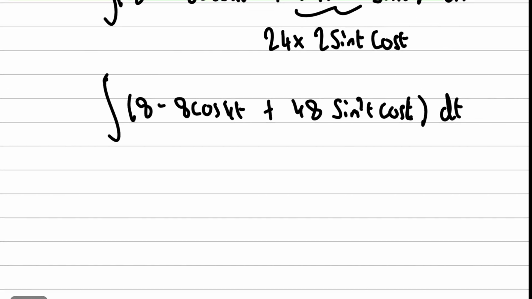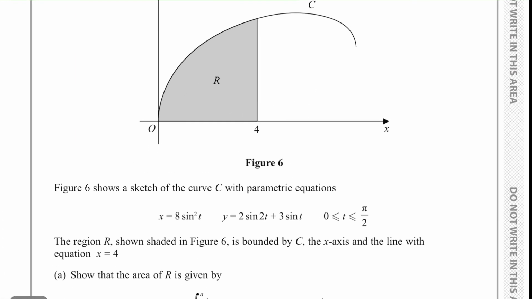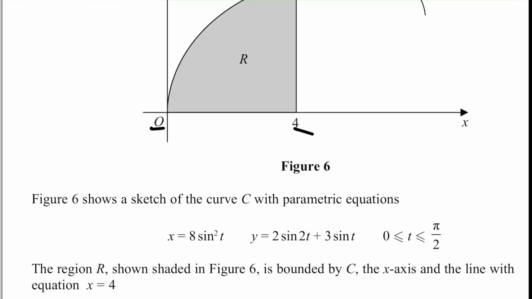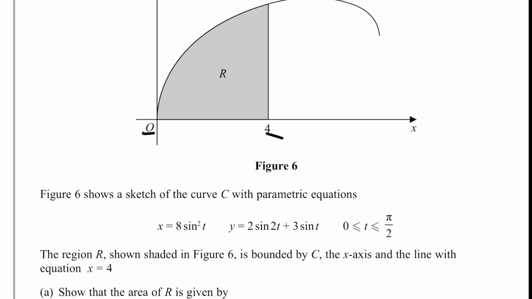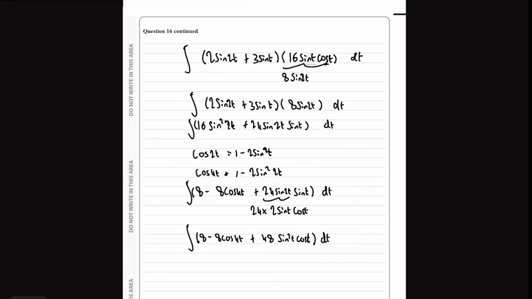Now the bounds is all we have left to plug in. The bounds, how do we work that out? Well, we know x is equal to 4, x is 0. For the bound being 0, we don't need to change anything. But for 4, we need to find out what is t. So we need to use this equation. x is equal to 8 sine squared t.